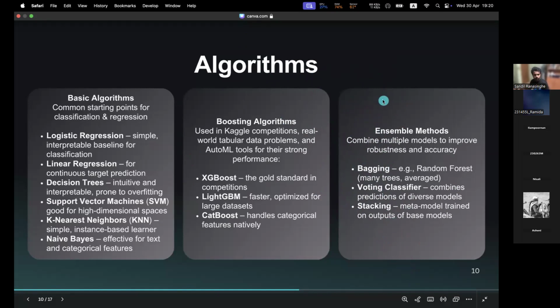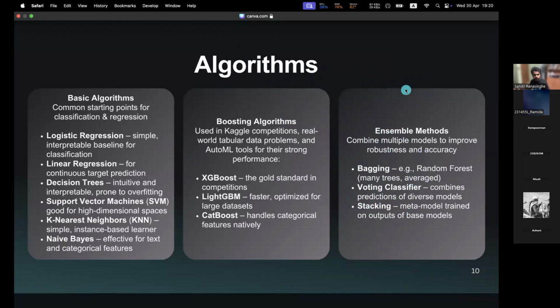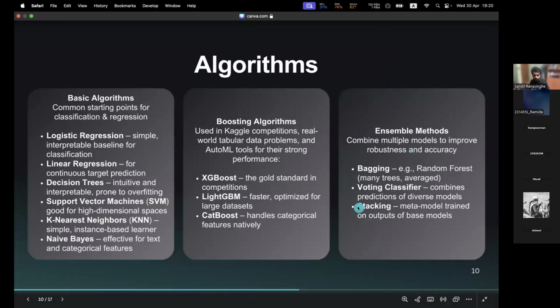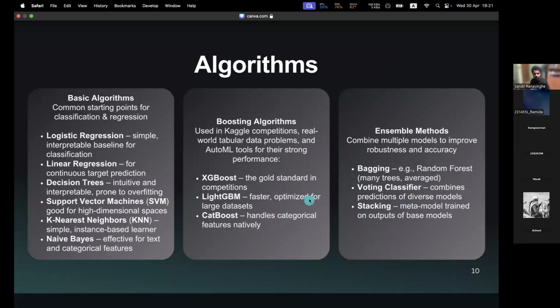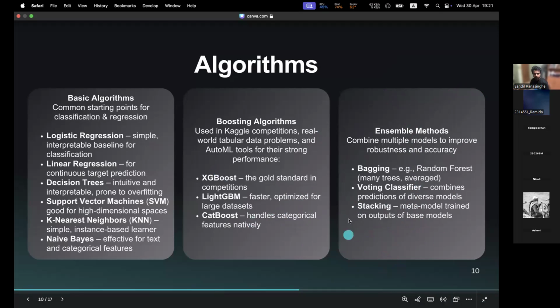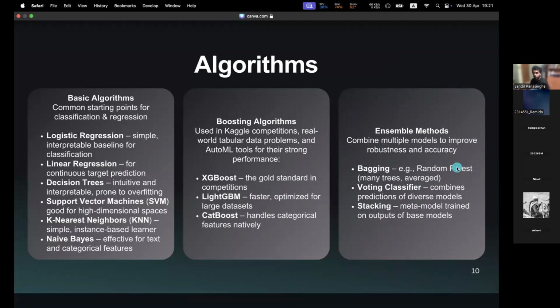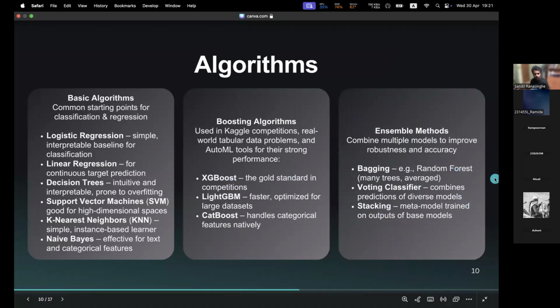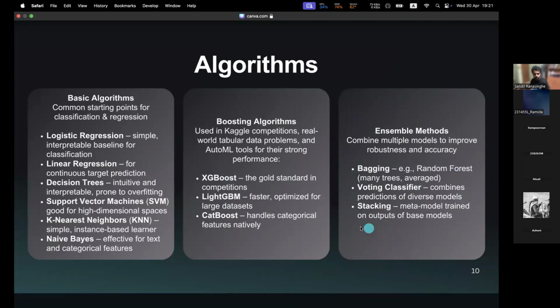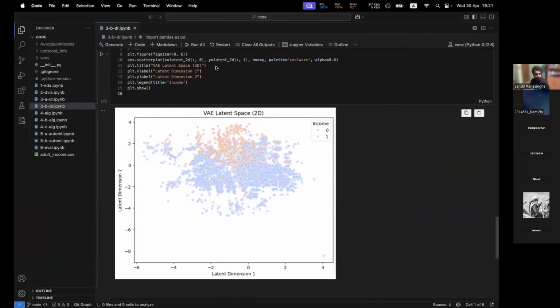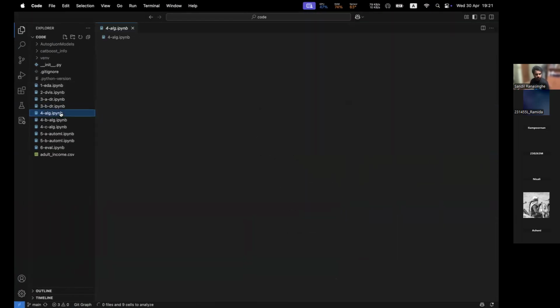So, especially for a binary classification, for example, models will give different predictions, and let's say you have five different models with different predictions. You take the majority vote and say that is the output. Stacking is where you have a base model and then you see where the base model is missing, and then you train a meta model based on those outputs, etc. So again, there are common libraries which have implementations for all of these, so you can easily use all of these. So if you're interested, do some reading around this and how they behave. So I will show you some implementations of all of this.